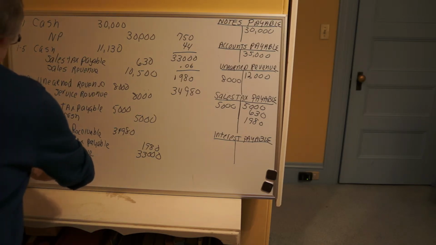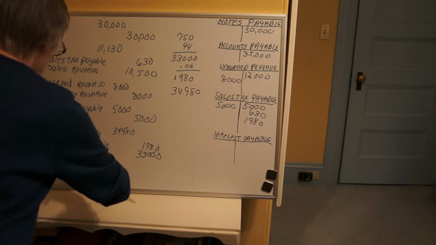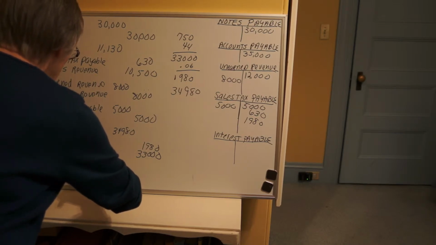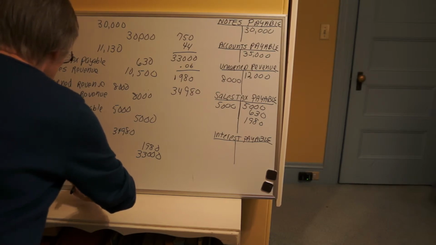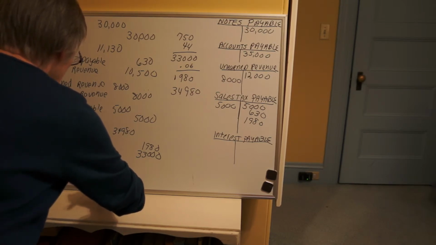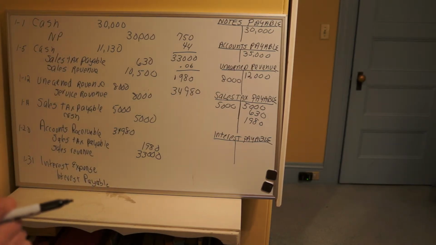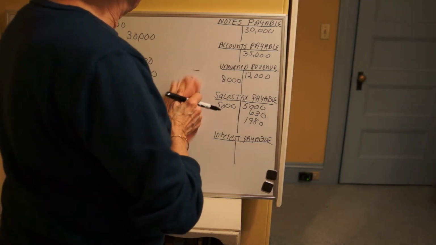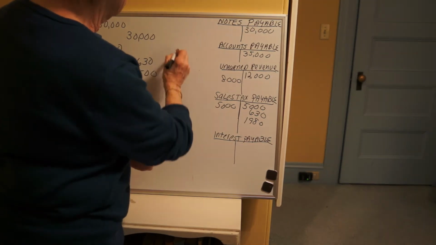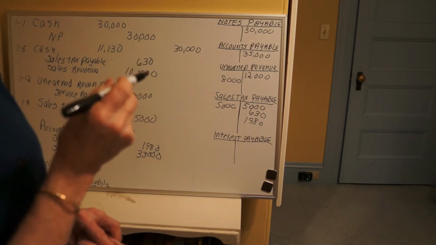The last thing they want us to do is to accrue the interest for the month. So on 1-31, we would debit interest expense and credit interest payable. This is on the note payable, and we have to figure out how much it is. It's a $30,000 note, and the interest rate on the note is 6%.